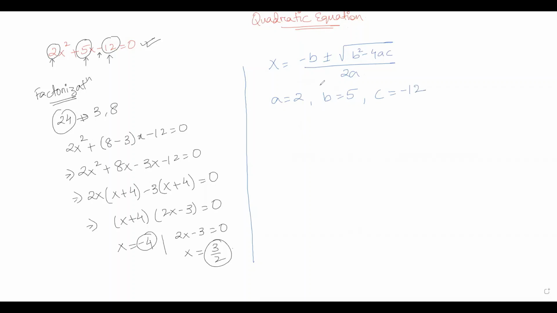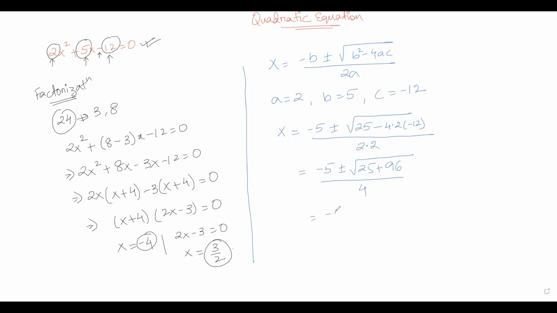So if we simply use the values in this formula, in that case the roots would be x equals to minus 5 plus minus under root of b squared, that would be 25, minus 4 times a times c, that is 4 times 2 times minus 12, upon 2a, that is 2 times 2. So this would be minus 5 plus minus under root of 25, and this minus minus would be plus, and 4 2s are 8, and 12 times 8 will give us 96, upon 4.